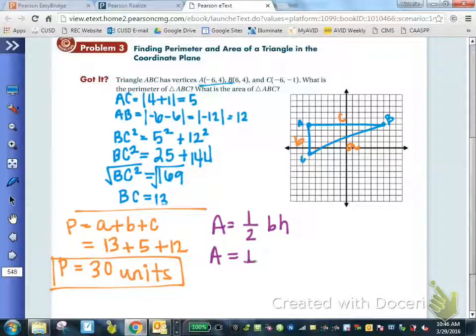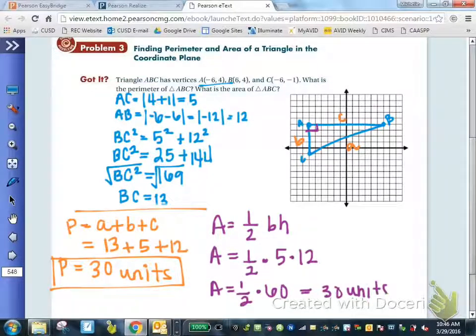So area is going to be 1/2. What was my base? 5. What's my height? 12. So remember, the height is where the right angle is. I would probably do 5 times 12 first. So this is 1/2 times, what's 5 times 12? And what's 1/2 of 60? 30 units squared.